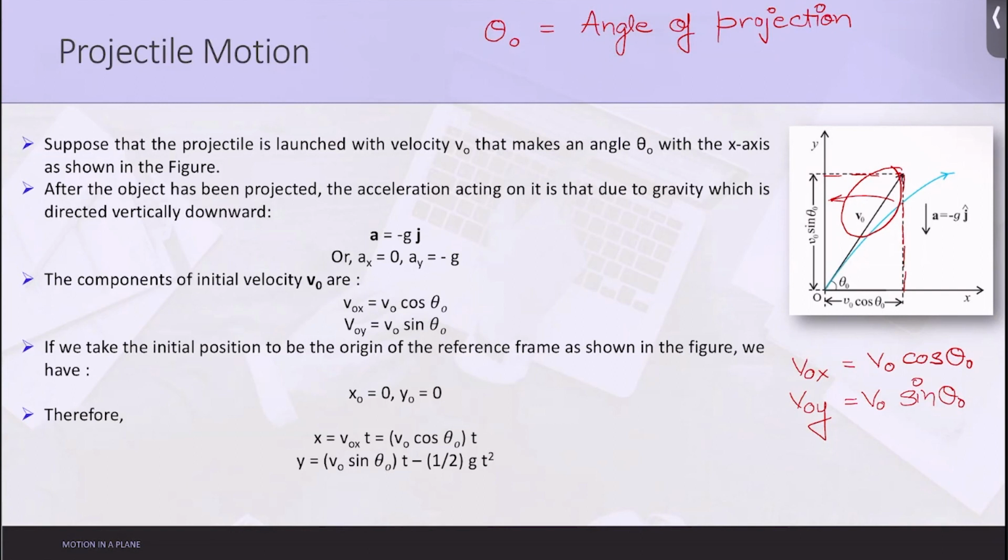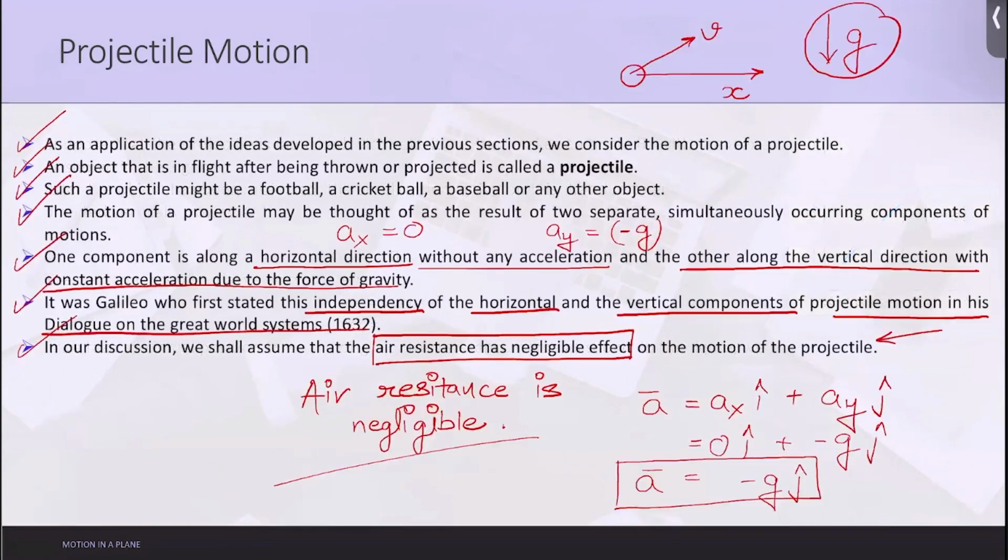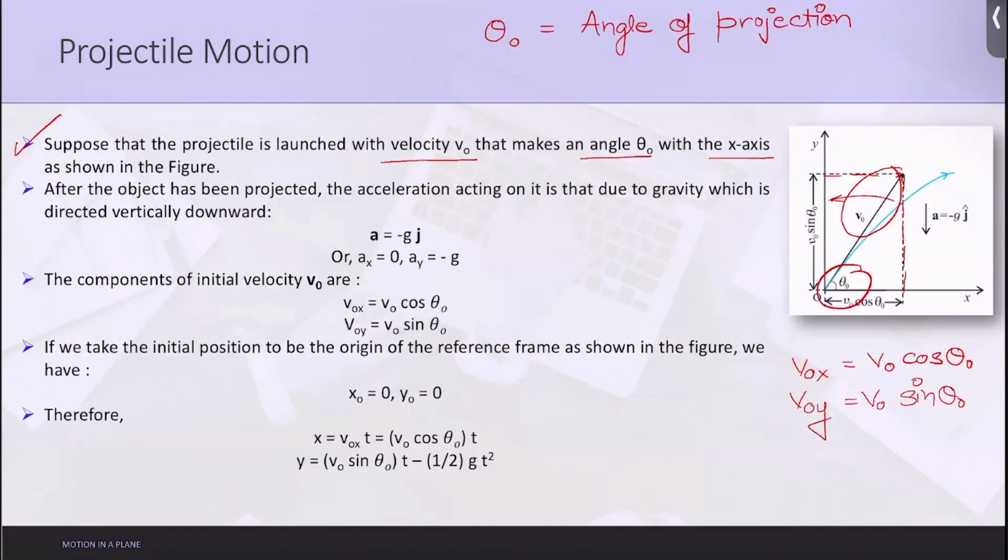Let us understand whatever is written here. Suppose that a projectile is launched with a velocity v0. What is the initial velocity with which it is launched? It is v0, making an angle theta naught with the x-axis as shown in the figure. After the object has been projected, the acceleration acting on it is only due to gravity, which is directed vertically downwards.